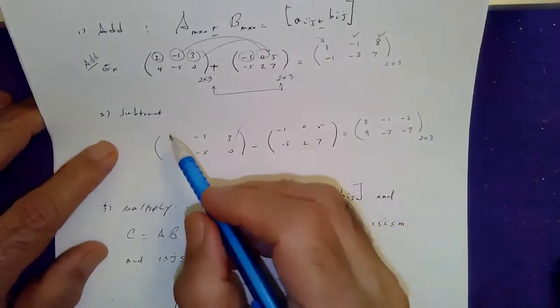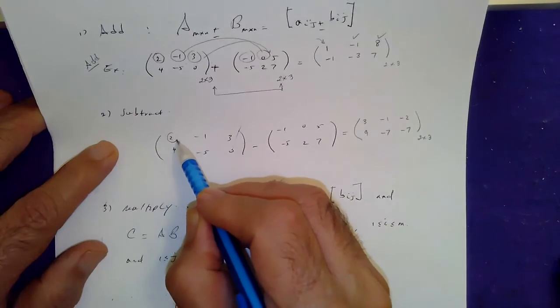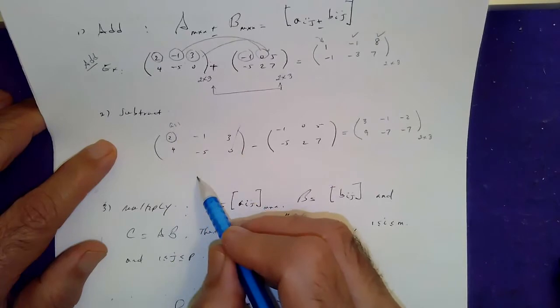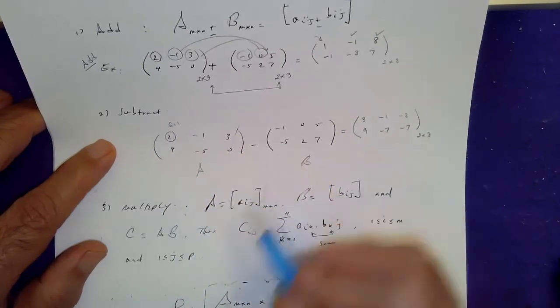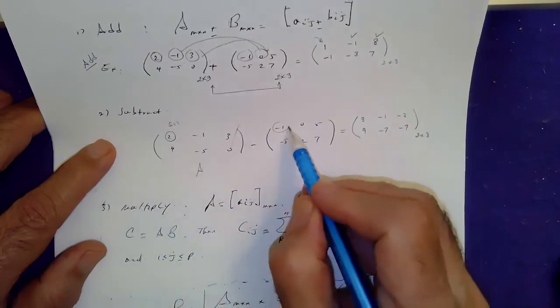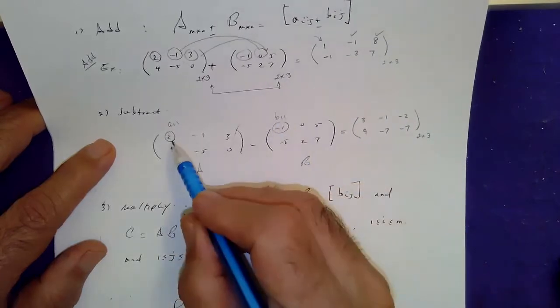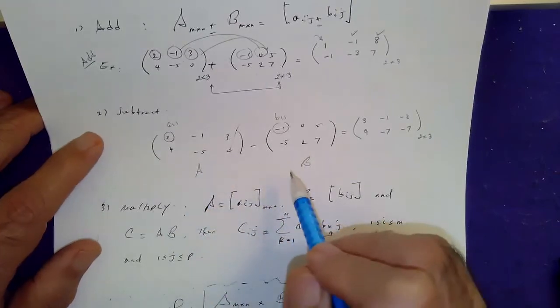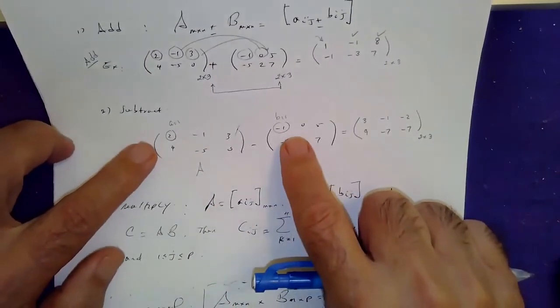What I'm saying is, let's say this is matrix A and this is matrix B. You're only allowed to subtract B11 from A11. In other words, you can't mismatch the subscripts, so you have to keep the order the same.